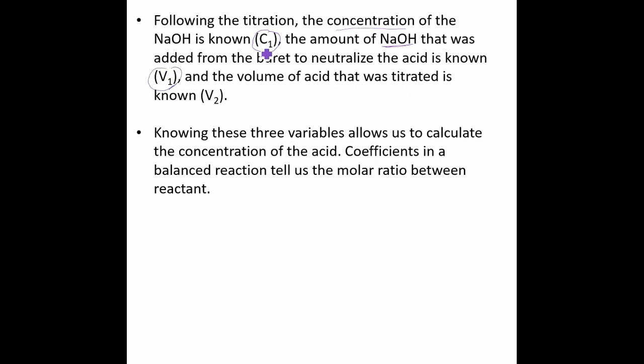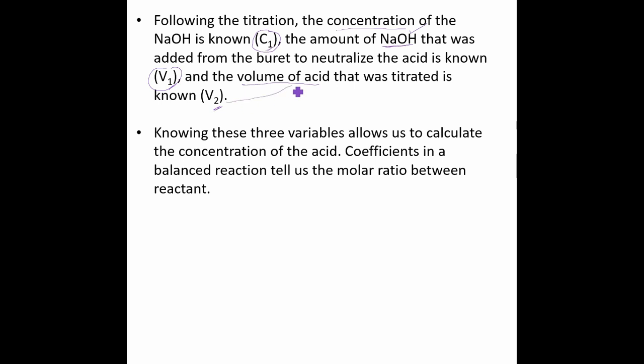So the number 1 here and the number 1 here, we're talking about the sodium hydroxide. Those numbers go together and they are for the sodium hydroxide solution. Inside of the Erlenmeyer flask, this is where we're trying to figure out the concentration of the acid. We don't know that, but what we do know is the volume of the acid. So now I have here V2.